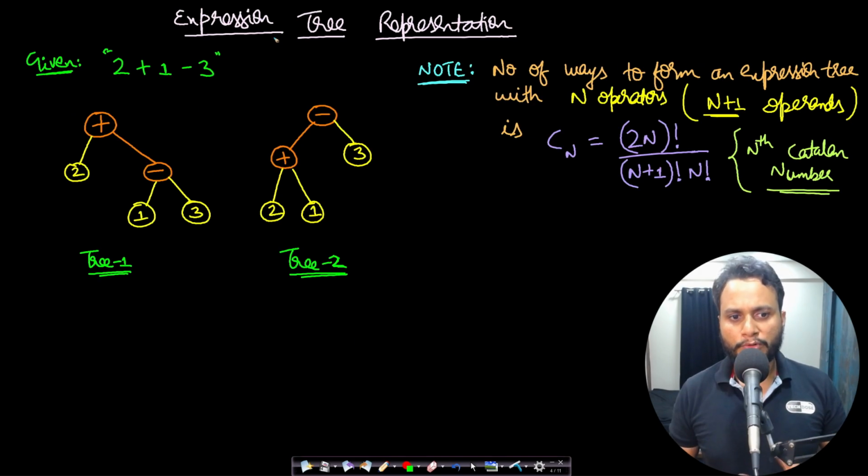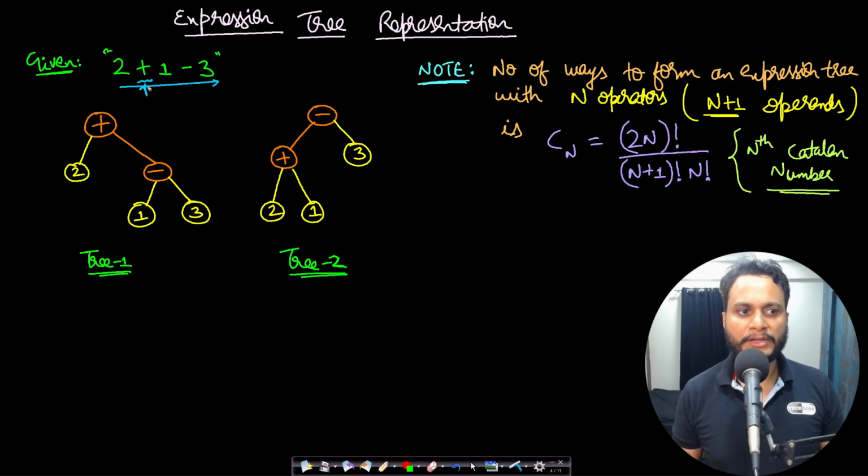Now in order to represent an expression tree, let's say that I take an example of 2 plus 1 minus 3. What we need to do is we need to put the operators in the internal node. So I can break it down in any way possible. Let's say I want to calculate plus at the end.